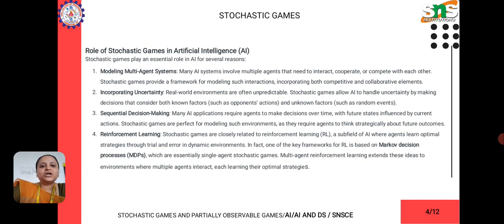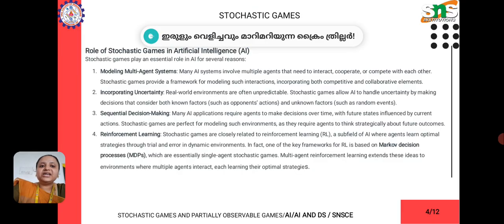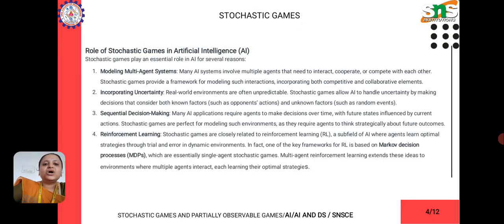Now what is the role of stochastic games in artificial intelligence? You have modeling multi-agent systems, incorporating uncertainty, sequential decision making, and reinforcement learning. Modeling multi-agent games means you can have different types of games and model them. Incorporating uncertainty means you can have different kinds of uncertainty in the game and incorporate it.